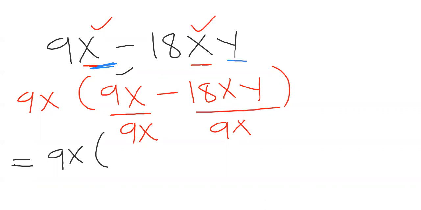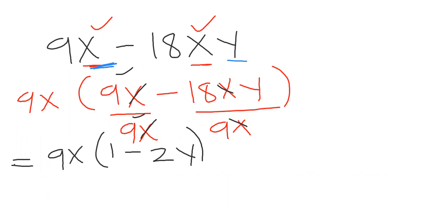So 9 divided by 9 gives us 1. The x in the numerator cancels the x in the denominator. Then 18 divided by 9 is 2. The same thing happens here: the x cancels, and we are left with a y. So that's our final answer.